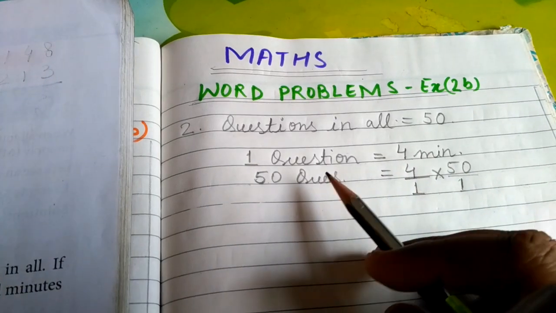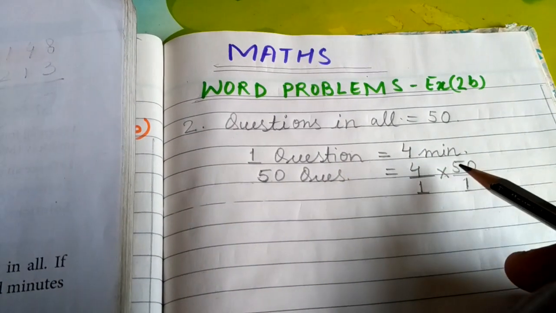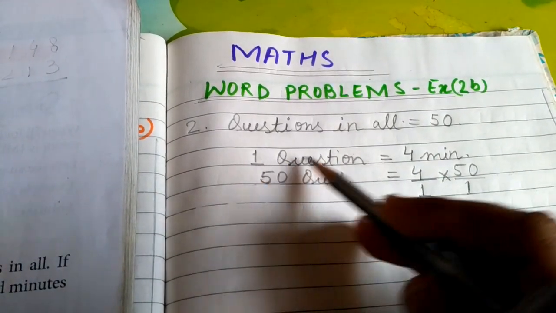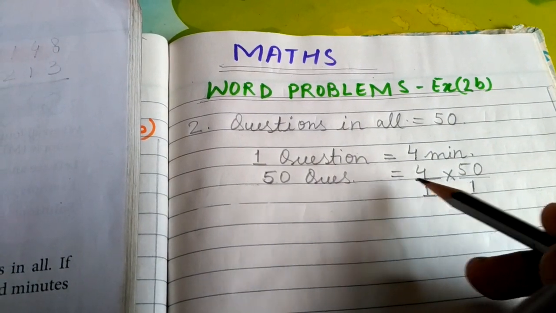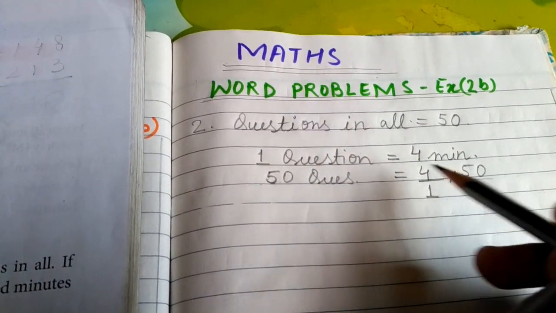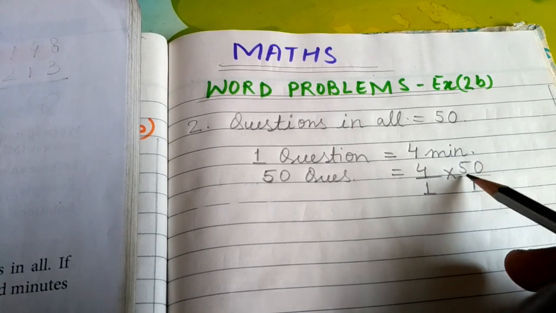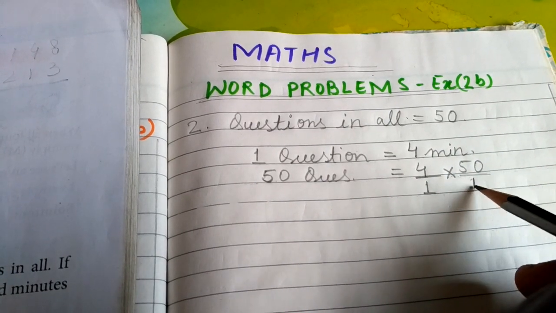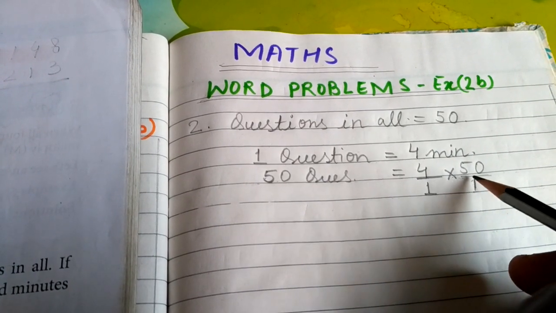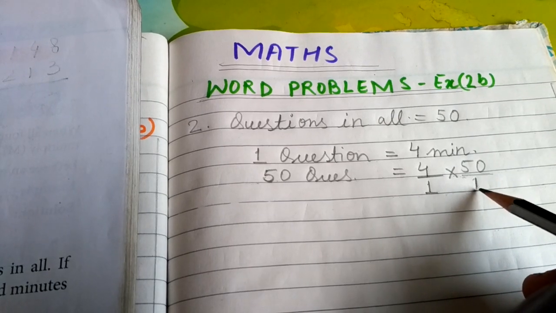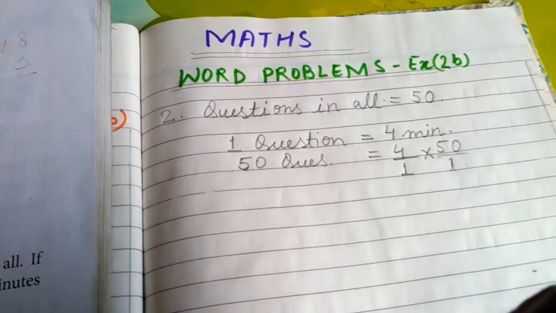It is just the method, the way to write 4 upon 1, the multiplication sign will come, and this 50 will go up. And why have I put 1? Because in a fraction, if nothing is there, then we have to consider 1 is there.